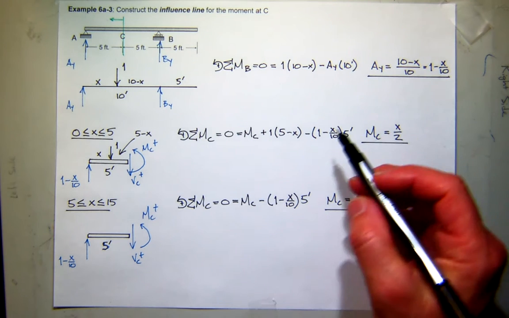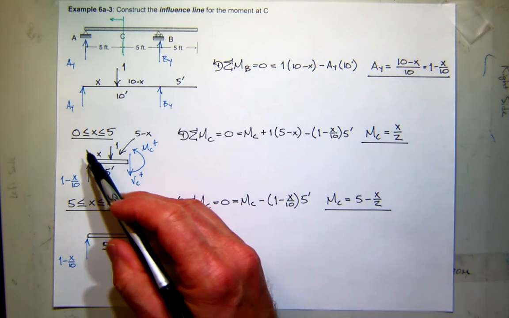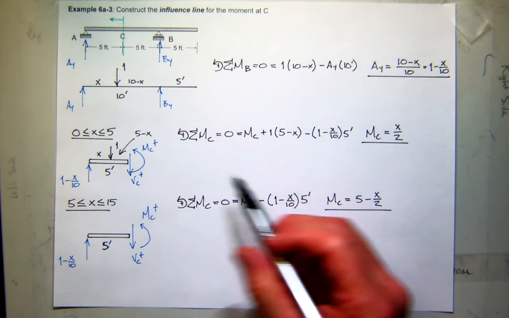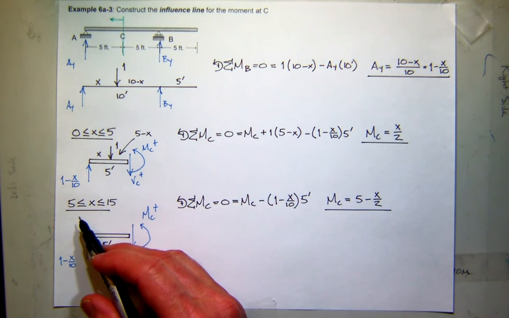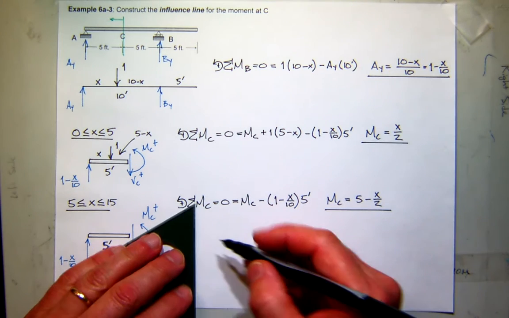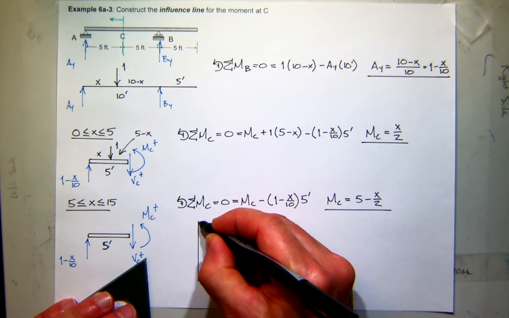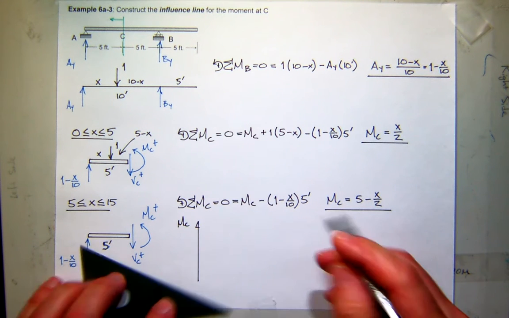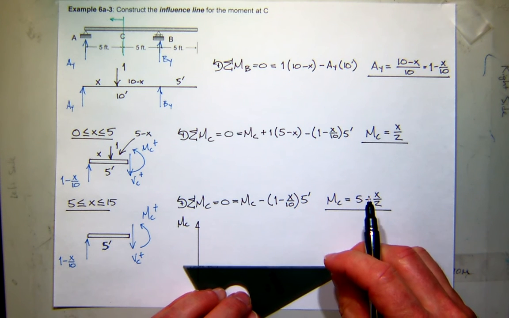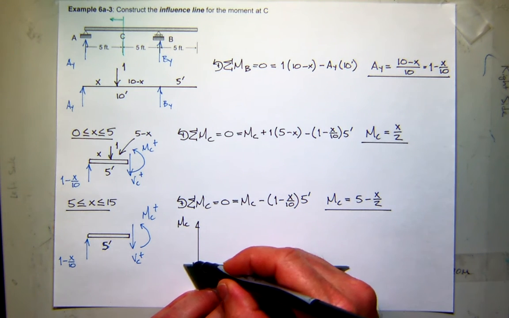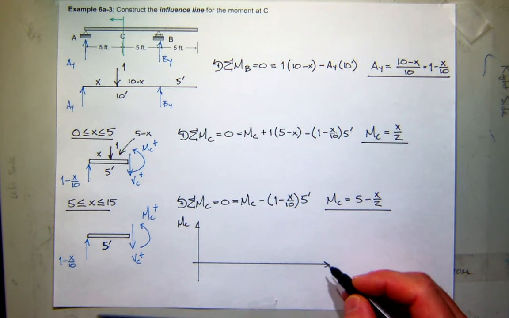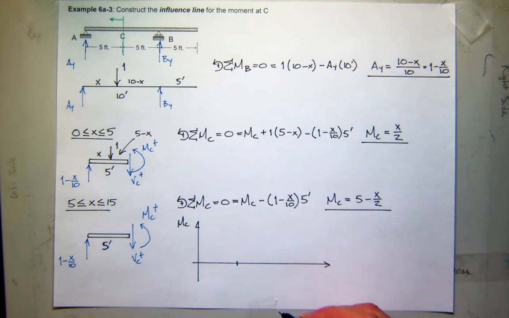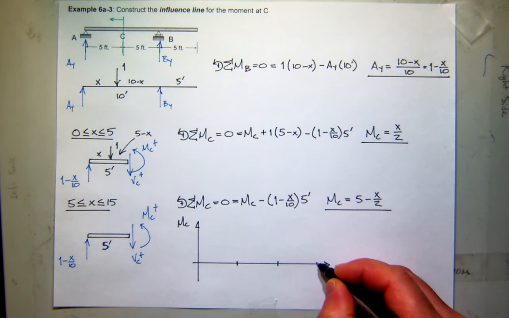So I just need to plot this thing. So I'll plot this equation from 0 to 5, and I'll plot the second equation from 5 to 15. So my influence line for moment at C will look something like this. So I'm interested in 0 to 5, and then 10 and 15.